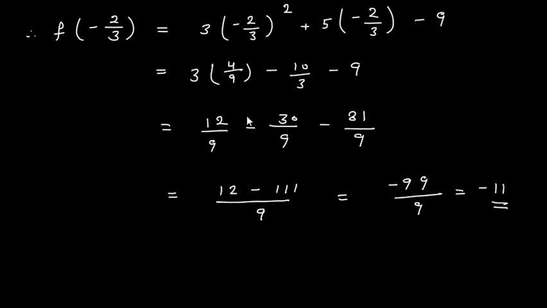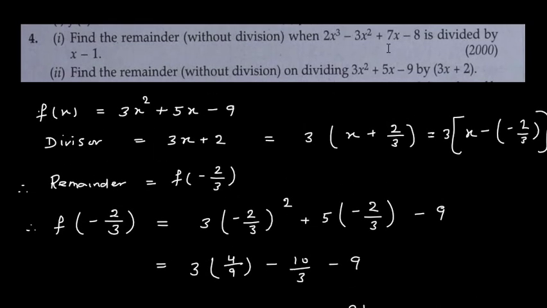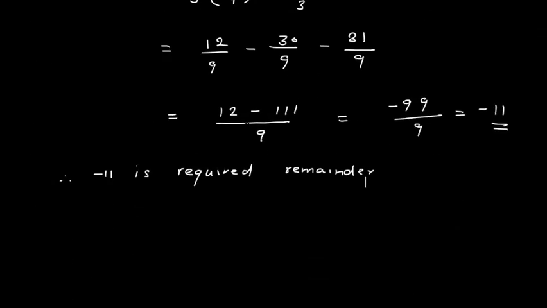Okay, right. So therefore minus 11 is the required remainder. Done. Okay, so you can solve this first question by yourself. Fine.